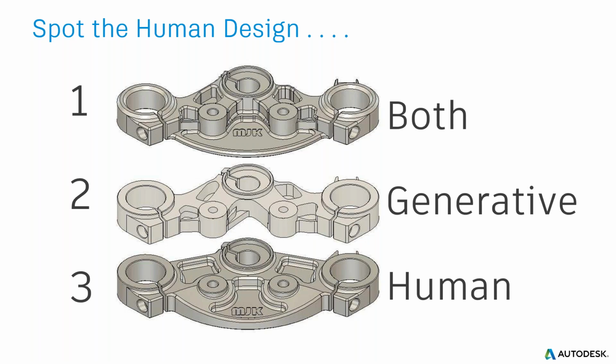So the second one is an example of a generative design outcome with a traditional manufacturing, for a traditional manufacturing production.